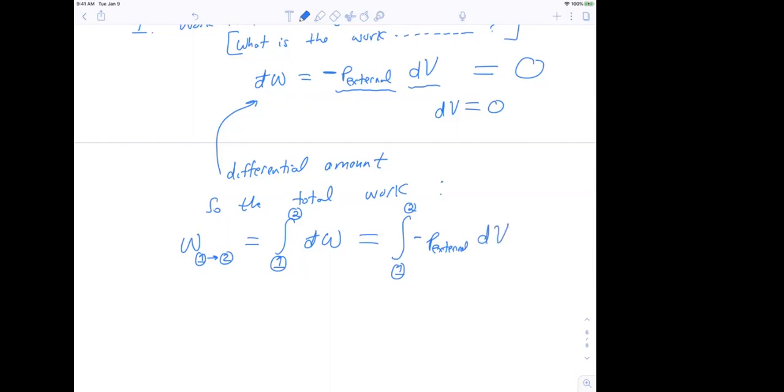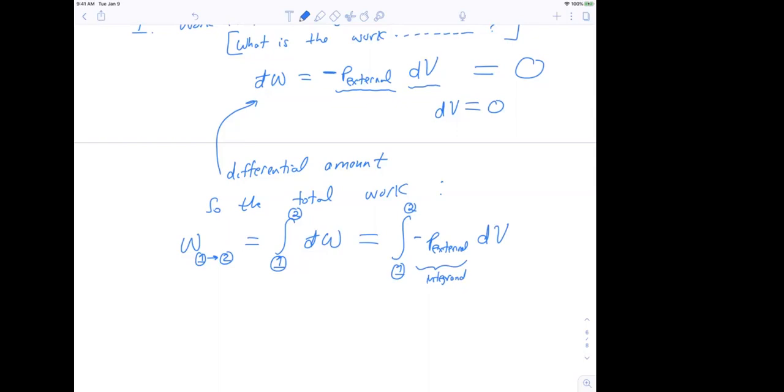But wait a second, once we get to this point, we see that there's something here. This is called the integrand, just to refresh your memory from calculus. And this guy is the differential change in the variable on which our function depends.